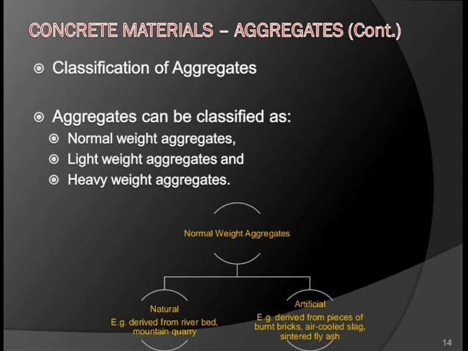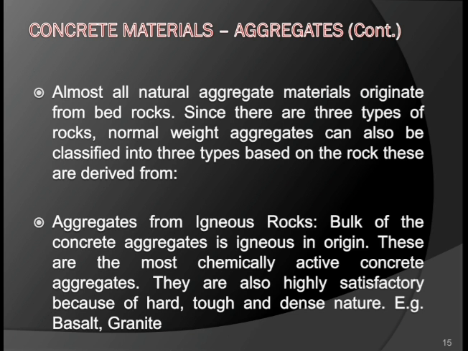Normal weight aggregate is of two types: natural and artificial. Natural is derived from riverbed and mountain quarry. Artificial is man-made, like fly ash and air-cooled slag, right? These two types are the normal weight aggregate.